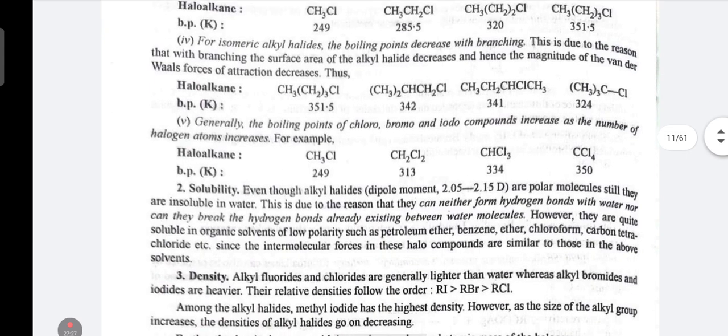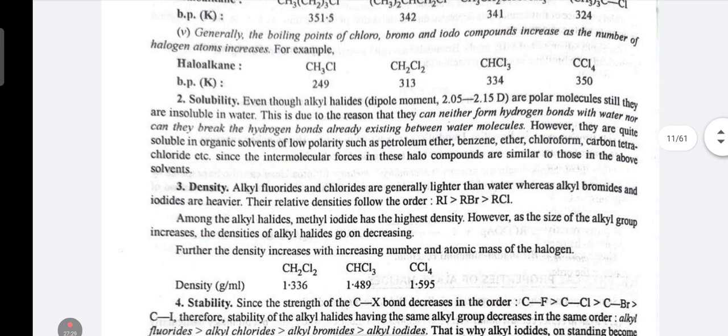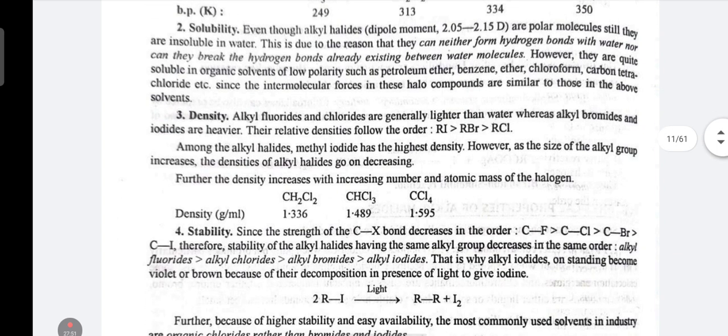Now we will discuss solubility. Even though alkyl halides are polar molecules, they are still insoluble in water. This is because they can neither form hydrogen bonds with water, nor can they break the hydrogen bonds already existing between water molecules.